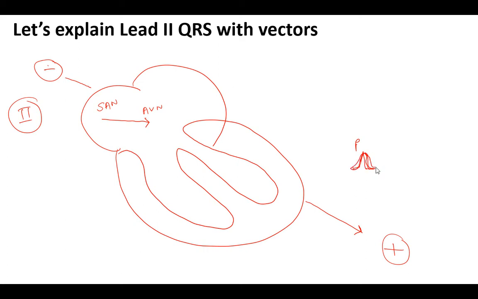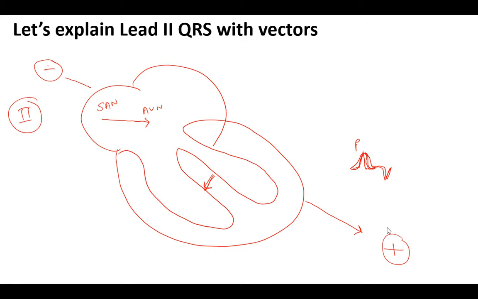Now the second vector is this one that depolarizes the interventricular septum, and it will give a negative deflection, as the vector is moving away from lead 2, the direction of lead 2.